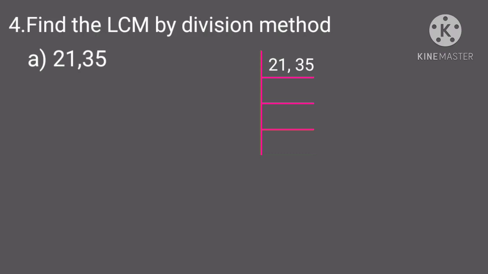Here you can observe that 3 divides 21. 3 does not divide 35. So 35 write as it is. So 3 7s are 21. We got here quotient 7 and 35.